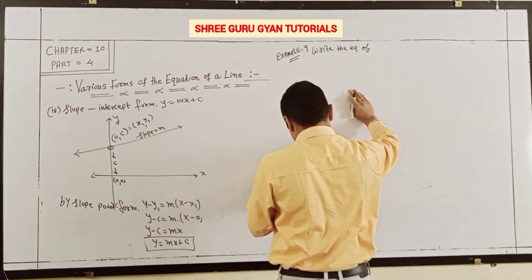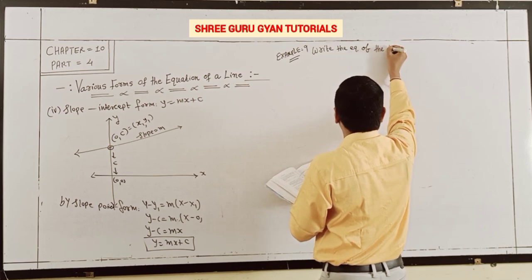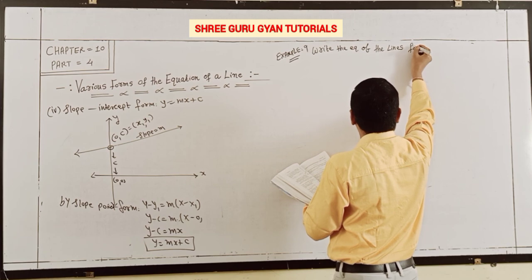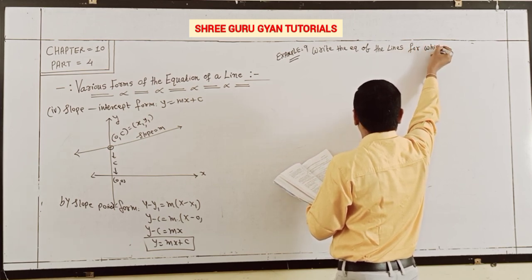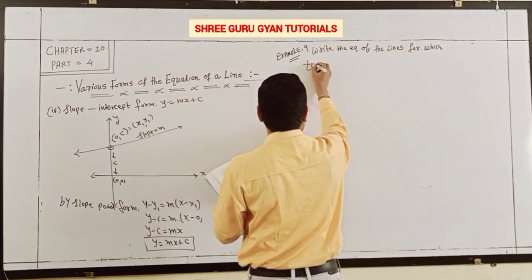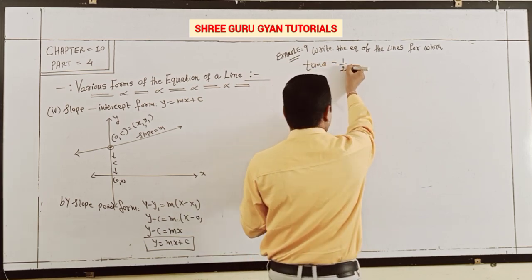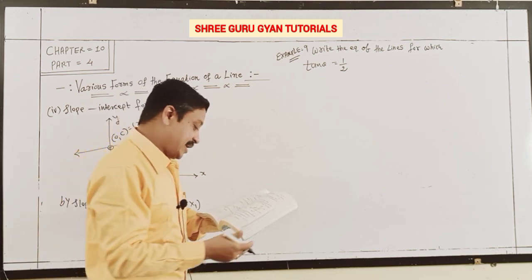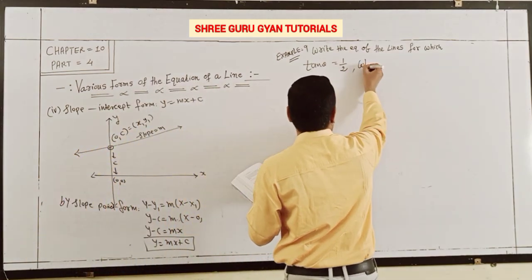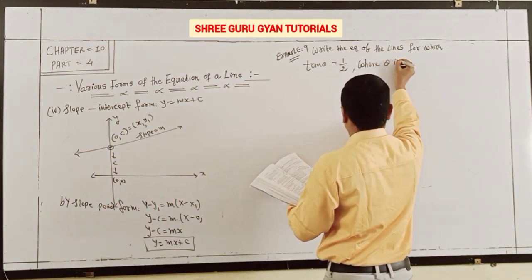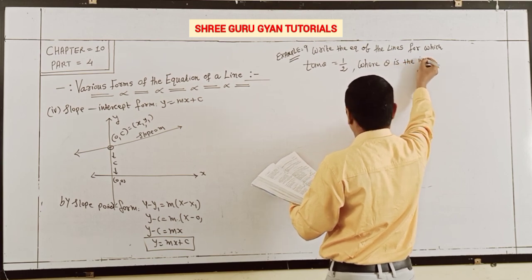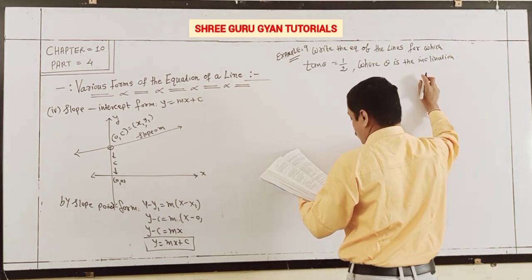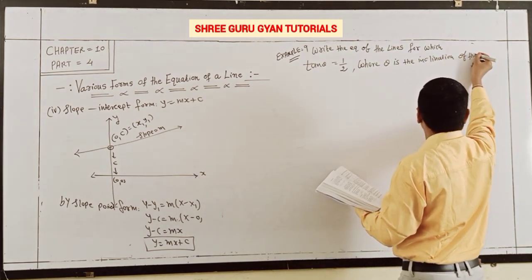Write the equation of the lines, there are two questions, for which tan theta is half. You know students, tan theta means the slope of the line, m is given here, where theta is the inclination of the line.